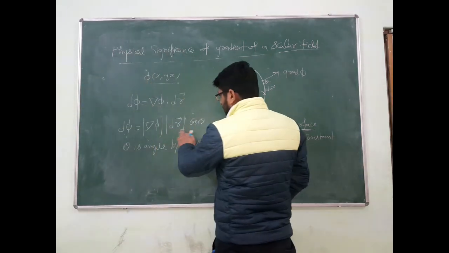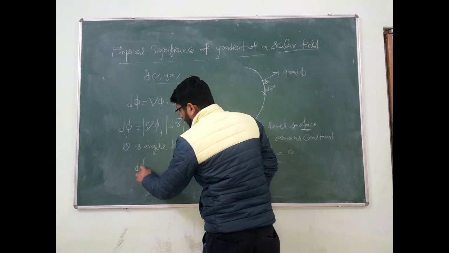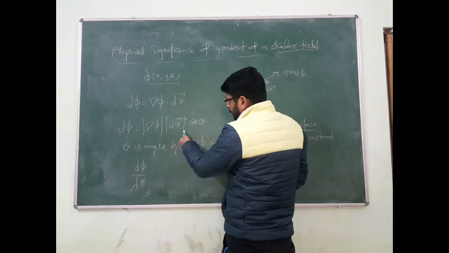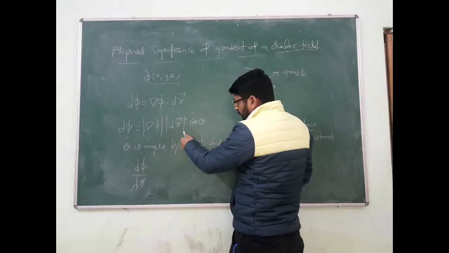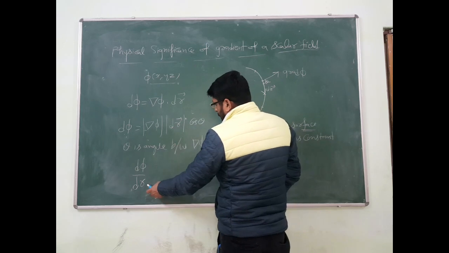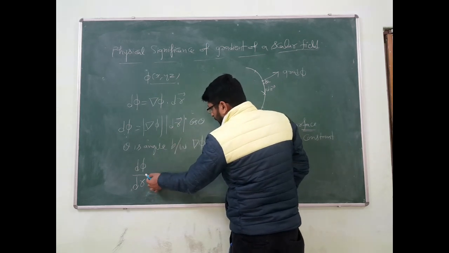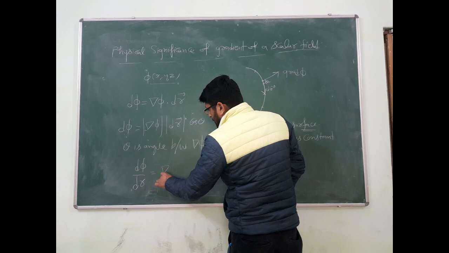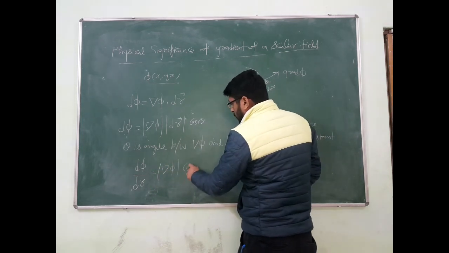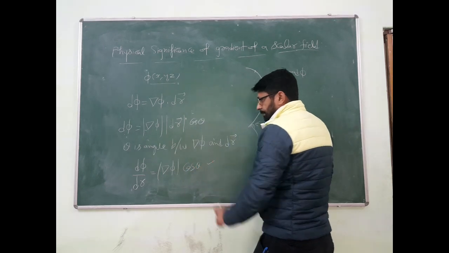We can rewrite this equation. If we remove the magnitude term, then we remove this r factor also. This will become d phi by dr, which is the magnitude of gradient phi into cos of theta.